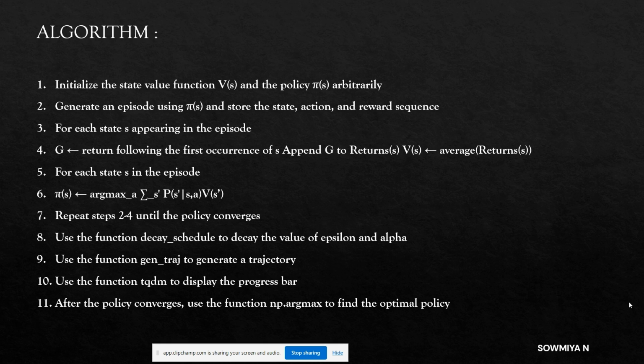Once the policy converges, use the argmax function to find the action that maximizes the value function for each state, thereby determining the optimal policy. So this algorithm iteratively improves the policy by learning from the episodes of interaction with the environment, gradually converging towards an optimal policy that maximizes expected rewards.